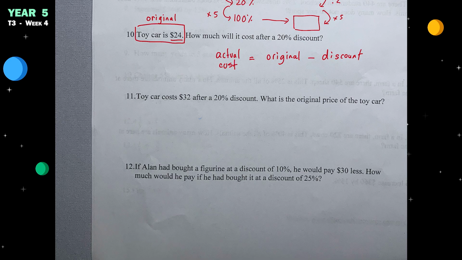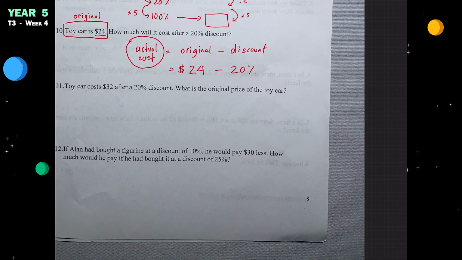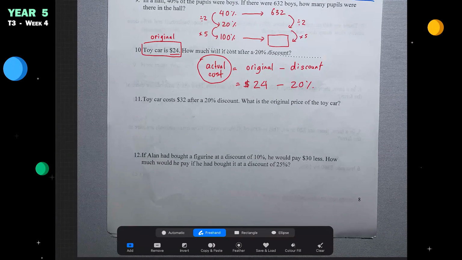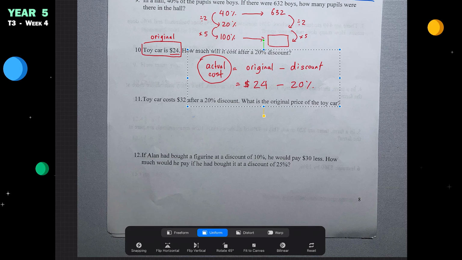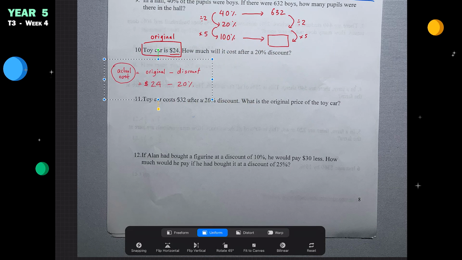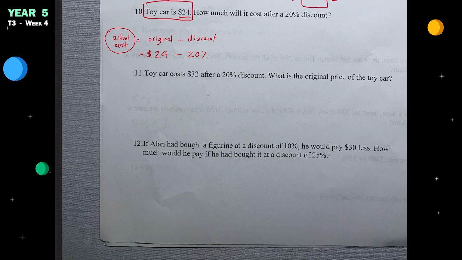So to find the actual cost, which is what the question is asking, you look at your original cost, $24, and you've got to minus the discount, which is given to us as a percentage, 20%. We've got to figure this part out here. We have to find 20%.